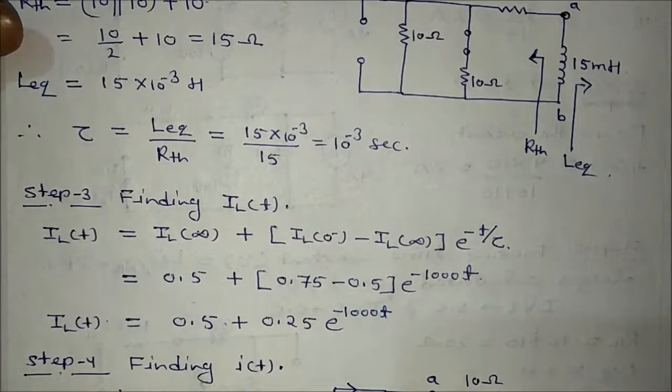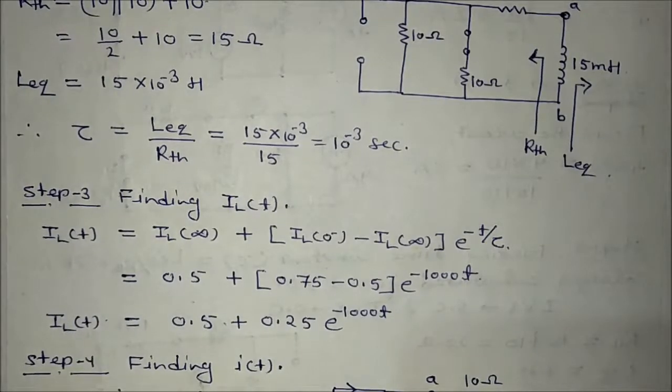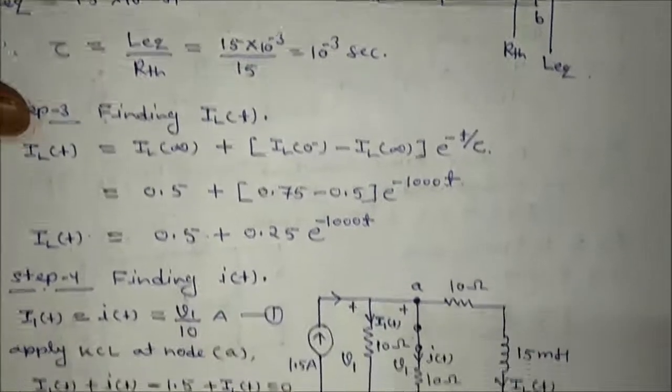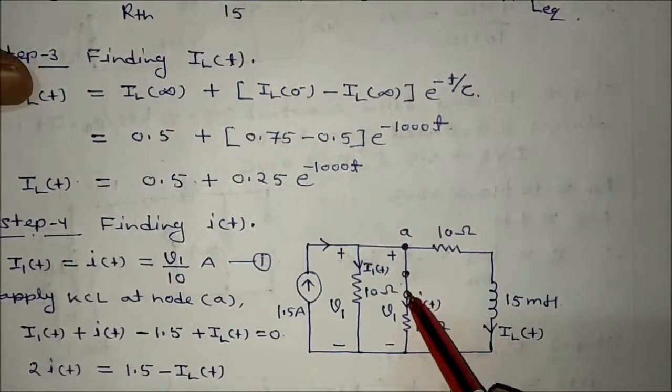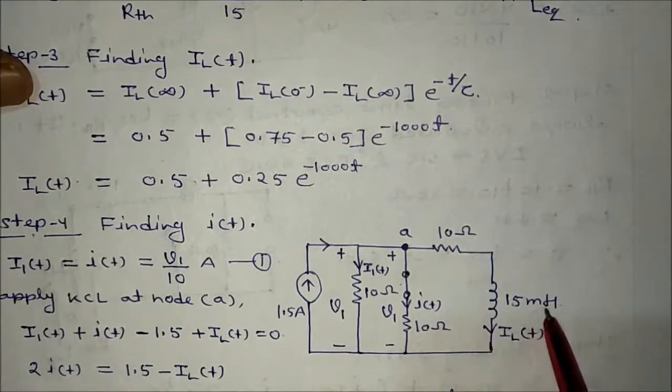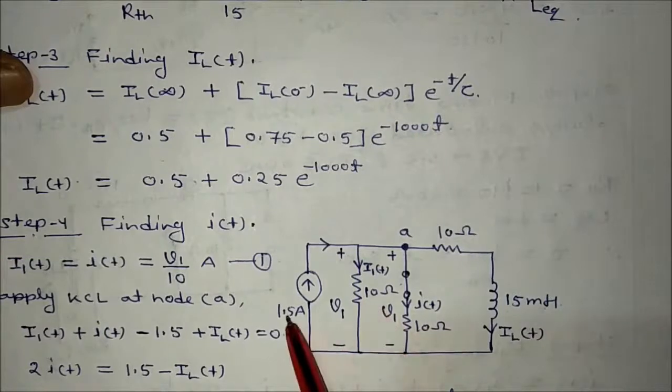But this question is not asking about iL(t), it is asking about i(t) for t greater than 0. You can see for t greater than 0, the switch is closed. This is the current that has been asked, this is i(t). This one is 10 ohm, this is 15 millihenry, this is 10 ohm, and this is 1.5.